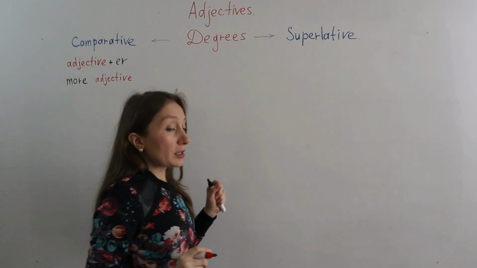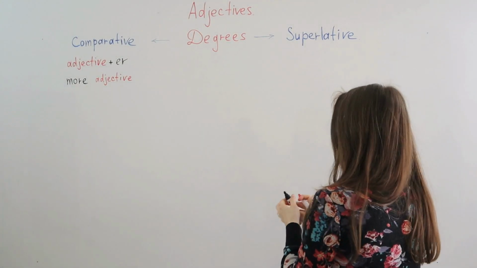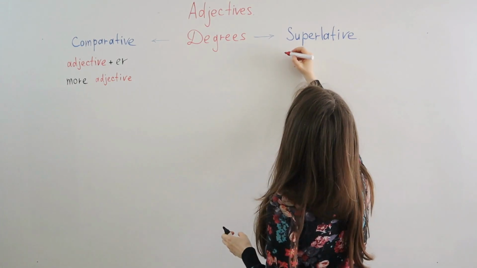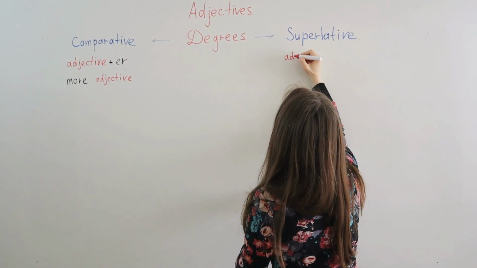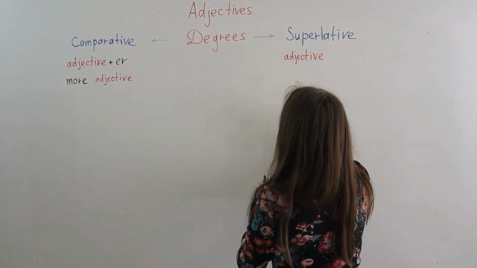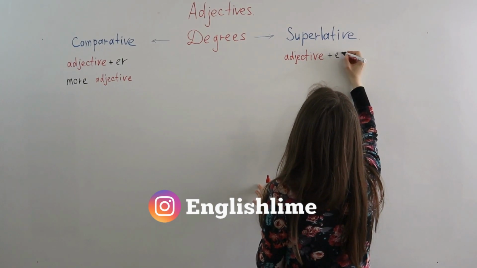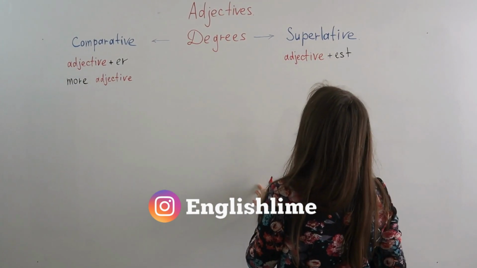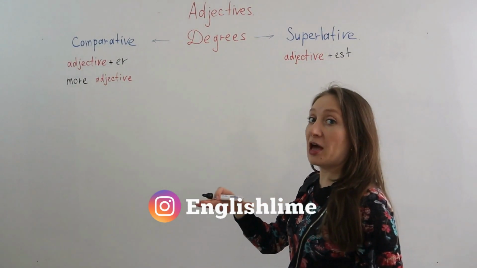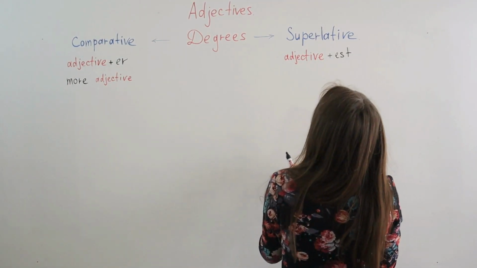And superlative degree, the structure is a little bit different. So again, here we also have an adjective. I will write it. And the ending will be est, or another type of adjective. Construction is different.